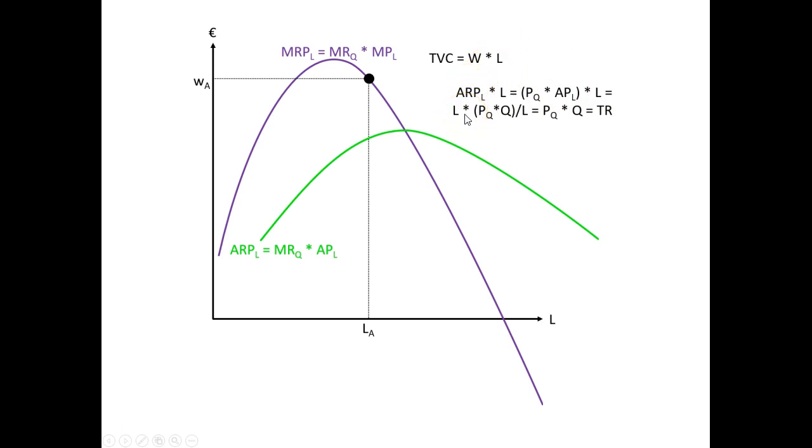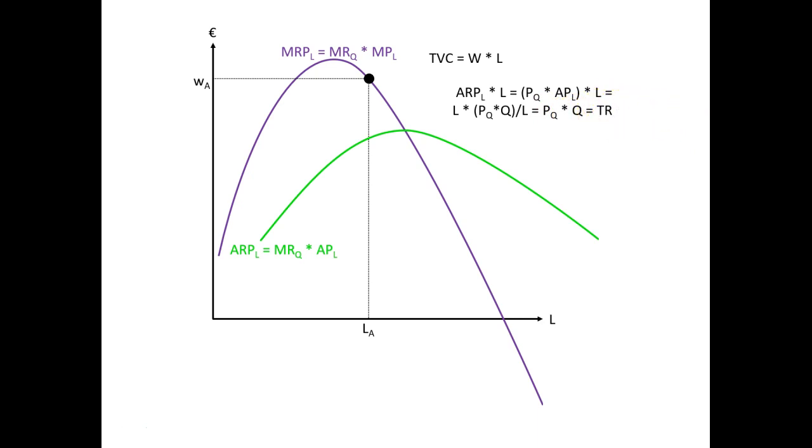So therefore we get L times PQ times Q divided by L, because this is the average product. And we see that we got L times something divided by L, so those two L cancel out. So what we're left with is PQ times Q, which we know is the total revenues for the company.